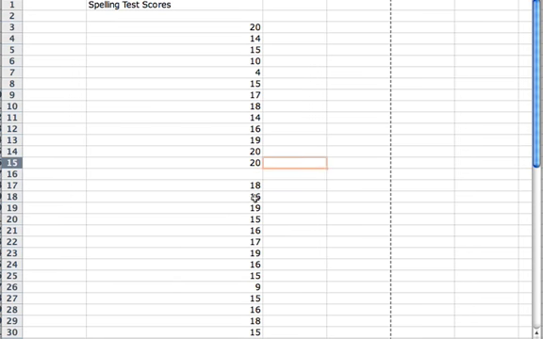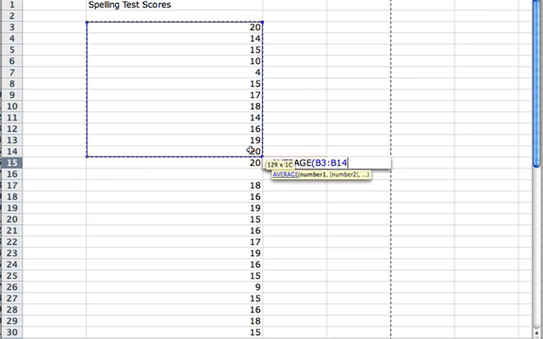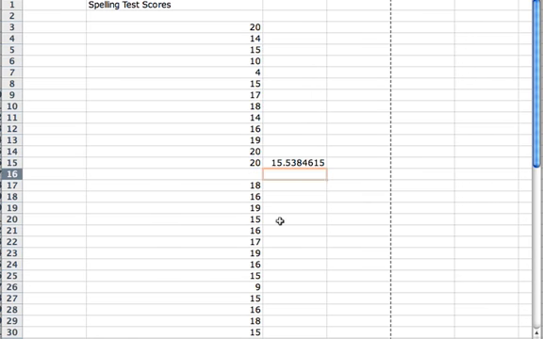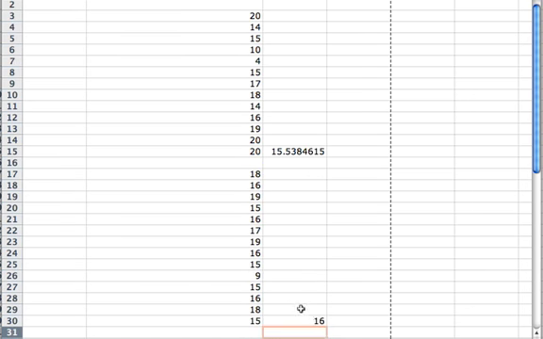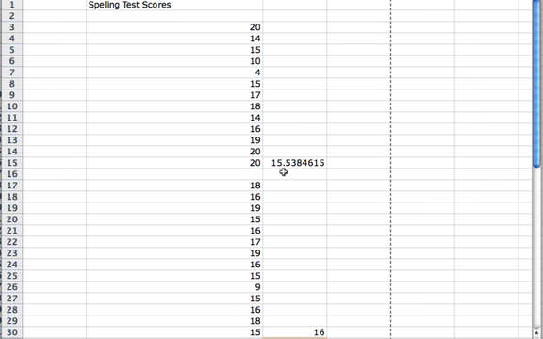So we've got one group at the top, one group at the bottom. And now we'll compare the averages. So it looks like this bottom set of students has a higher average than the top set of students.